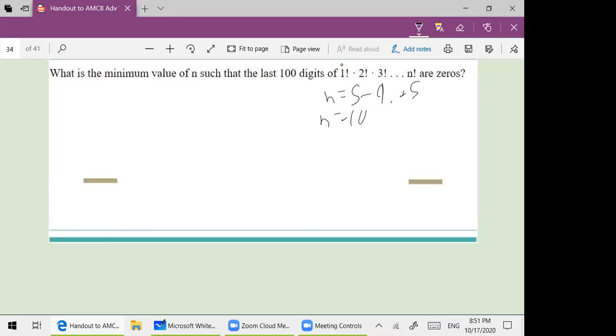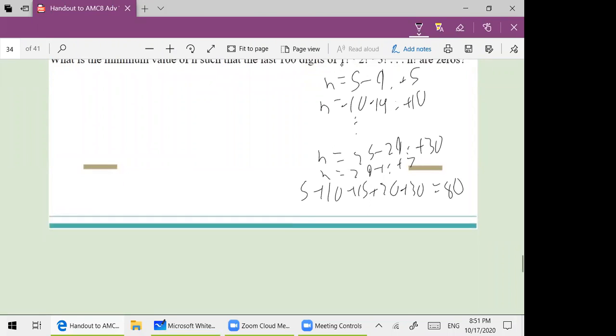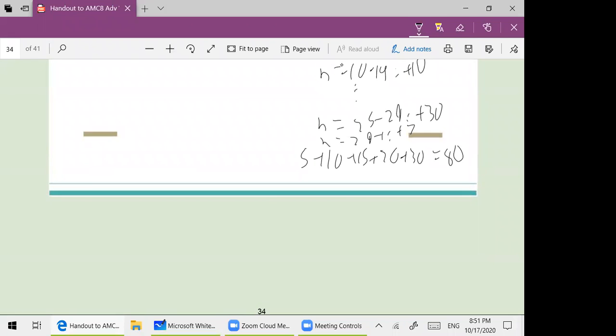N equals 10 to 14, plus 10. And then so on. From n equals 25 to 29, you get plus 30. And this is 5 plus 10 plus 15 plus 20 plus 30 equals 80. Now n equals 29 plus, you get plus 7 each. So you need 3 numbers past 29. So the answer is n equals 32.